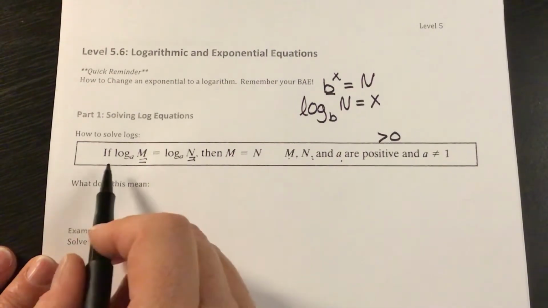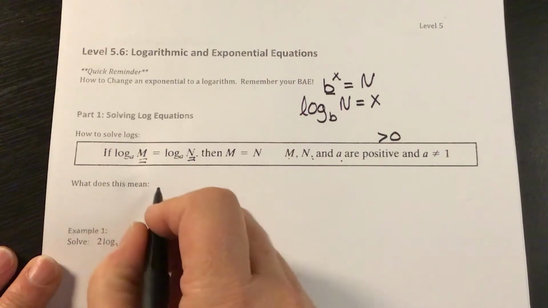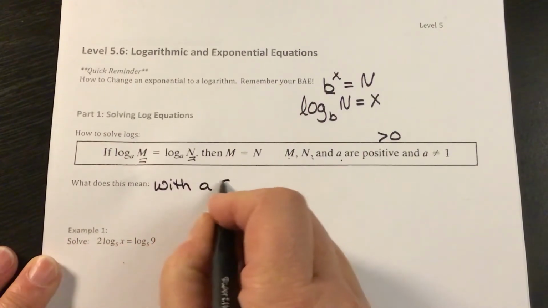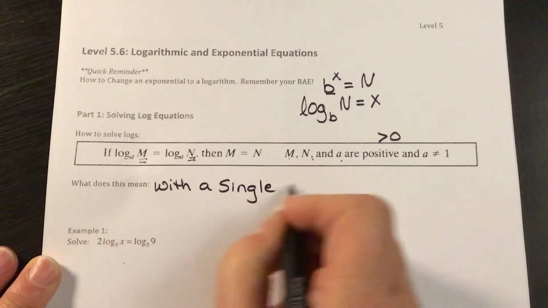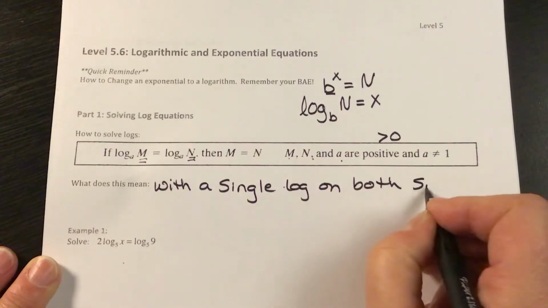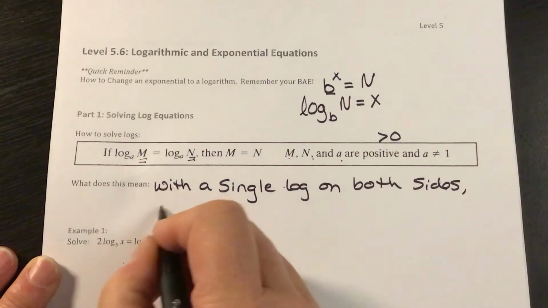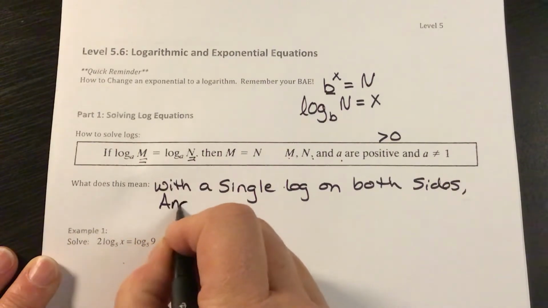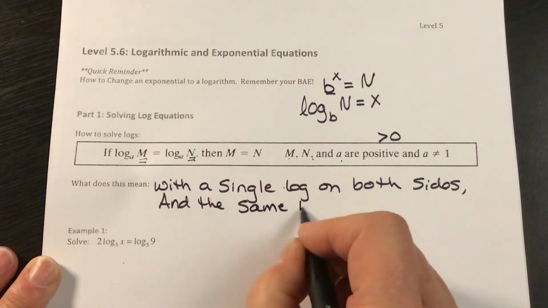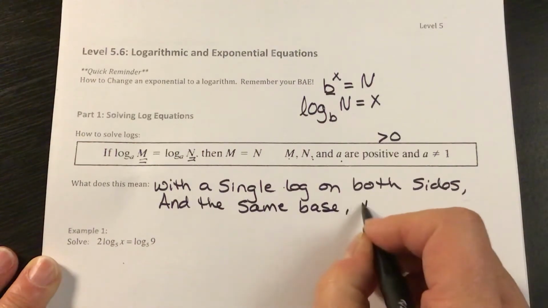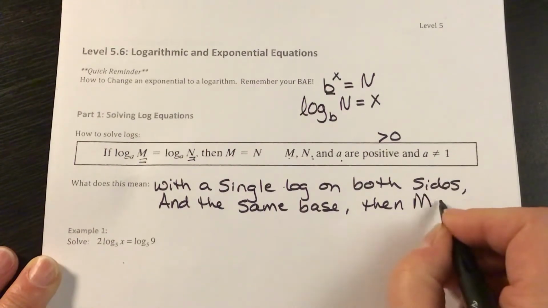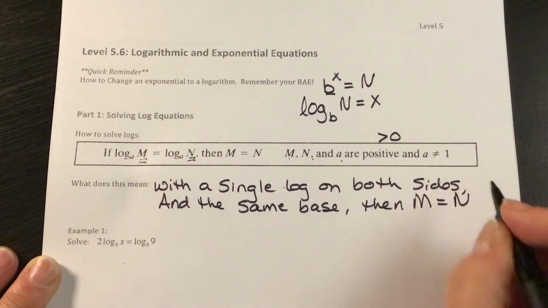All right, so what does this mean? It means if we have a single log on both sides, and the same base, then we can say that m and n are equal.